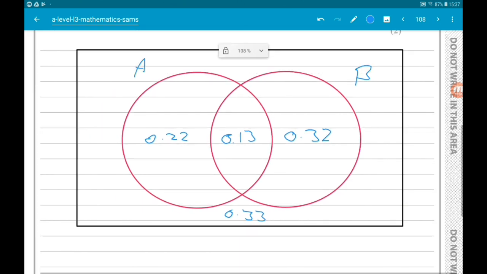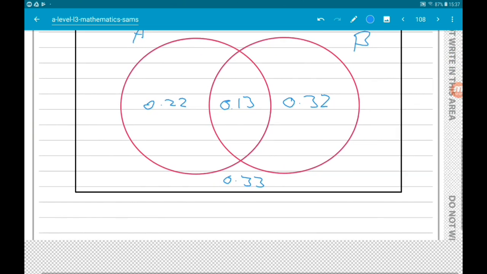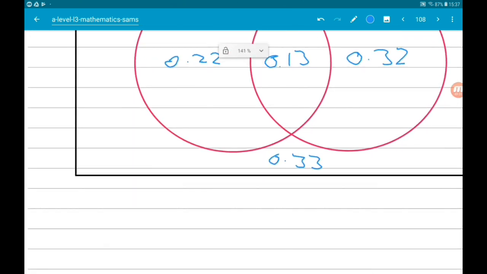Now, we want probability of not A given not B. Now, whatever you are given, so here, given not B, that probability goes on the bottom of the fraction.